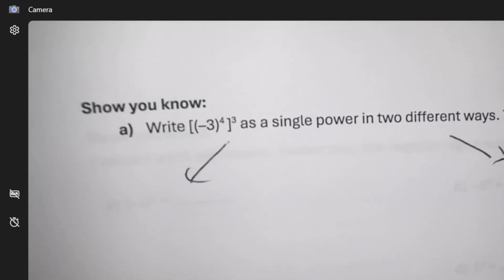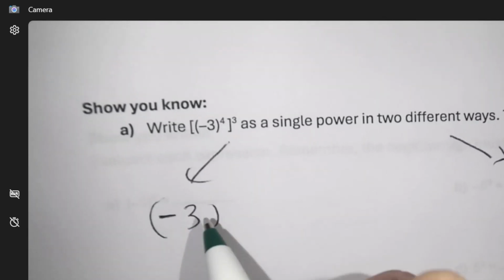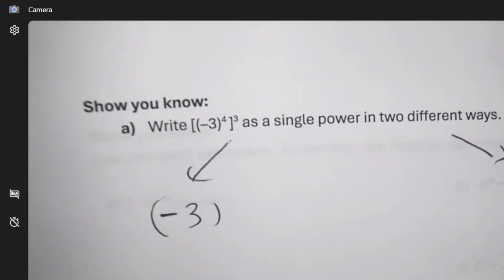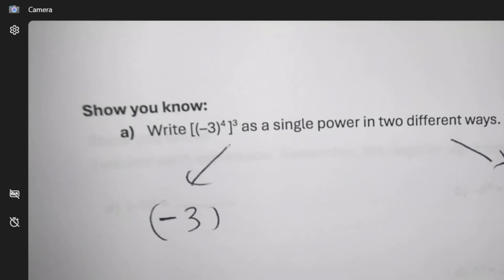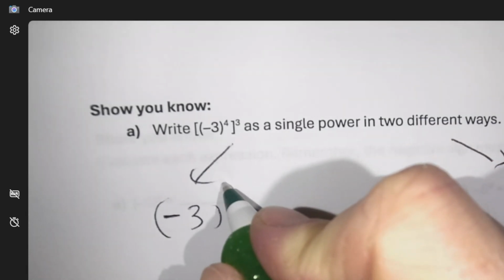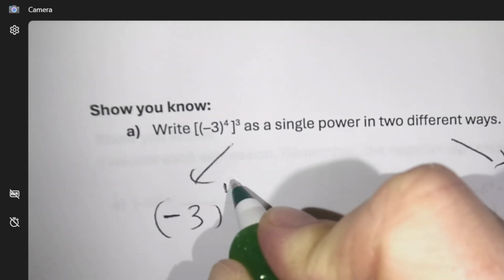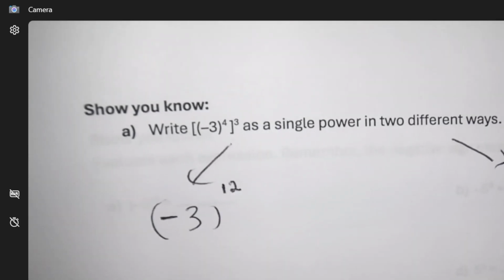Okay, this one. What is the base? -3. How many times would you repeat it with the rule? 4 and then cubed makes a whole exponent of 12. Remember the rule?